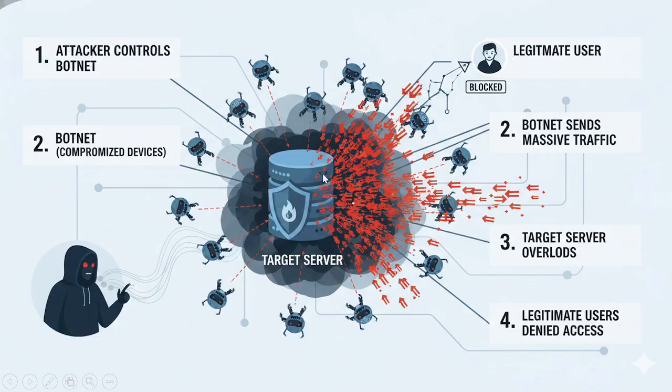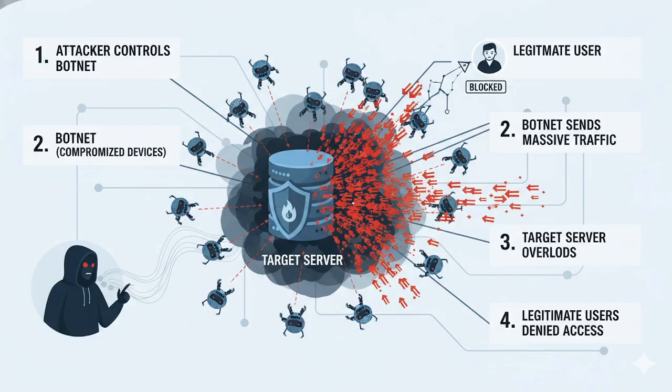So this user cannot reach this server because of these compromised devices overloading the target server. This entire sequence, from botnet activation to user lockout, can happen incredibly fast, often in minutes, demonstrating the swift and destructive nature of DDoS attacks.